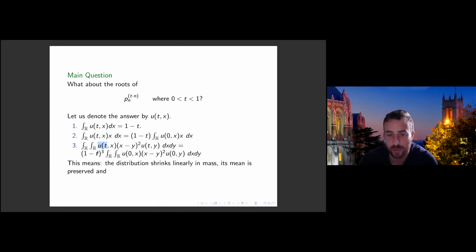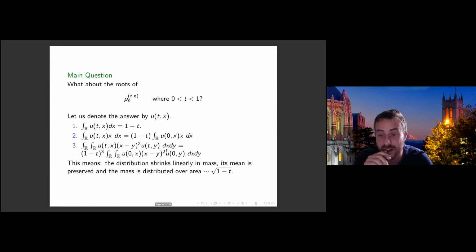So there's a 1 minus t squared that comes from both densities shrinking like 1 minus t. And then there's an additional factor 1 minus t that comes from them moving closer to each other. You get this from the conservation law, which tells you that the final mass at time t should be distributed over an area proportional to square root of 1 minus t. So this is what the conservation laws tell you.